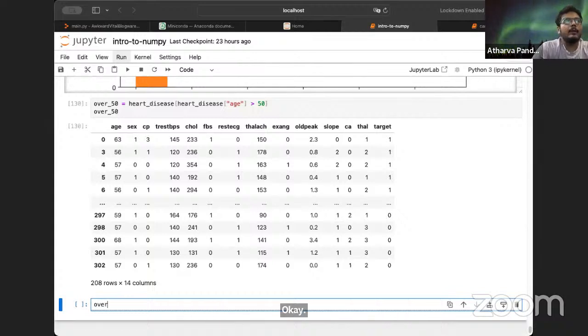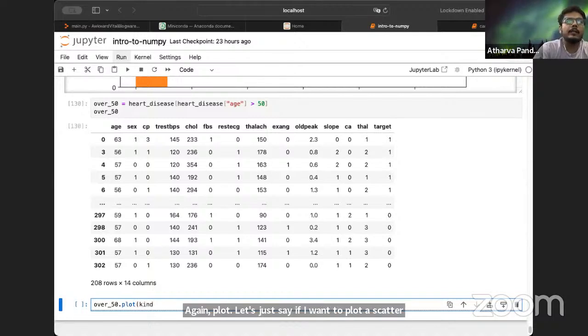Now, if I want, I can plot a scatter graph. So I said we need to use something called kind. We use kind.